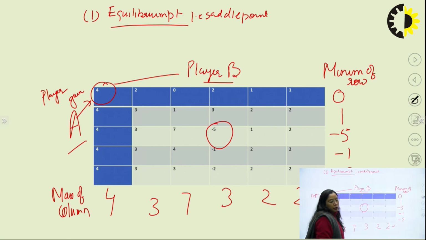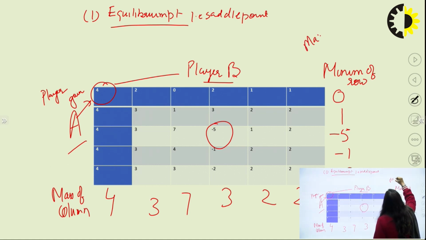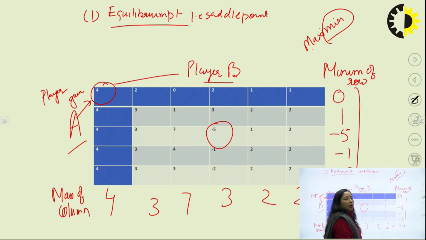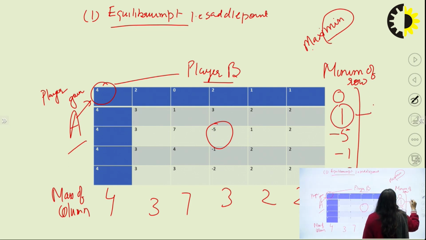So the criteria here, in case of A, is that we have to find the maximin. That means we have to find the maximum from the minimums. So among these minimum numbers, 1 is the maximum point, so it is the maximin point.